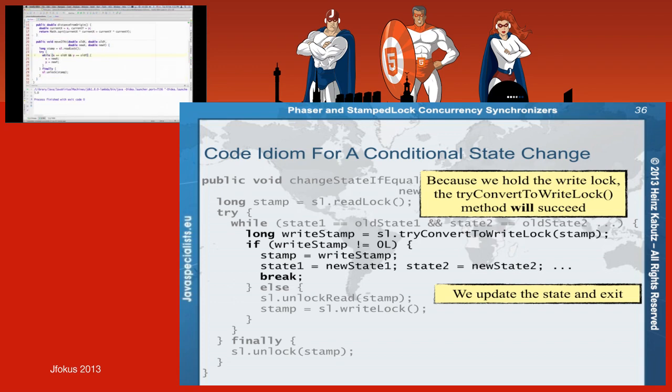While the state is true, and now we try and upgrade this to a write lock. So a write stamp equals SL dot tryConvertToWriteLock, the old stamp. If write stamp is not equal to naught, that means we had success. That means we can now modify these two.